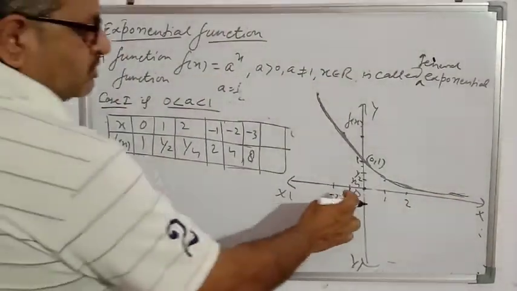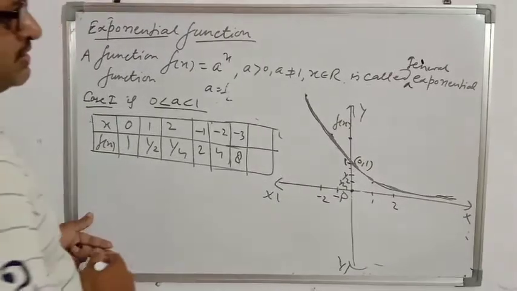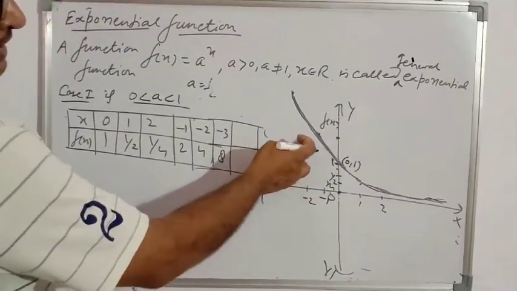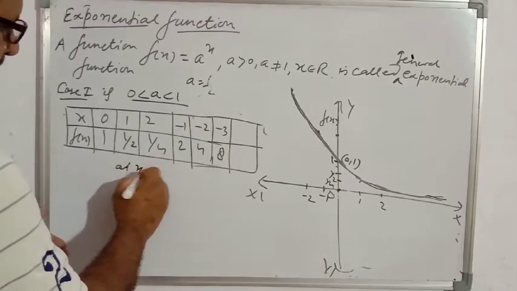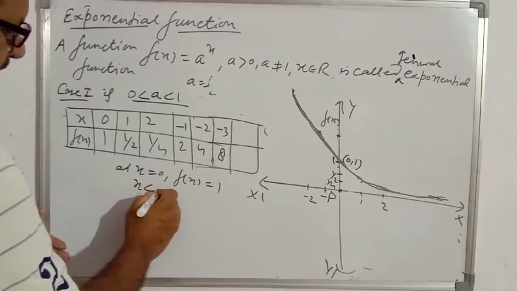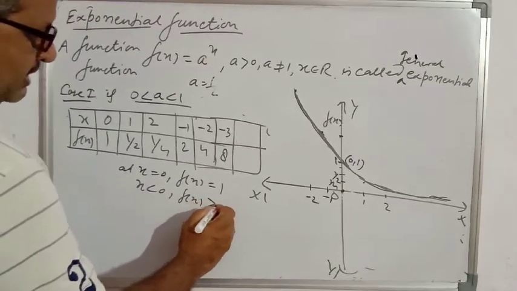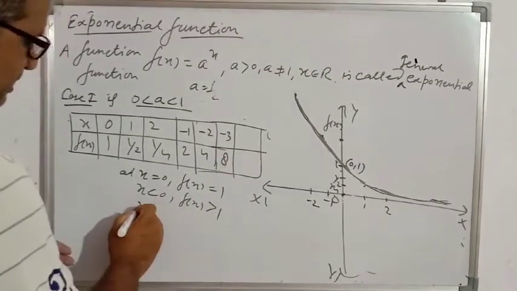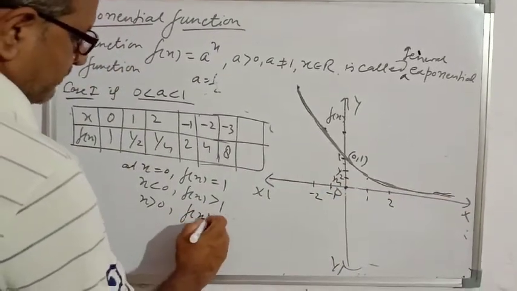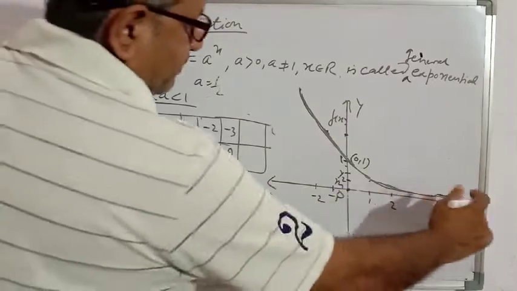So at x = 0, the value of f(x) is 1. For x less than 0, the value will be greater than 1. For x greater than 0, f(x) is less than 1.